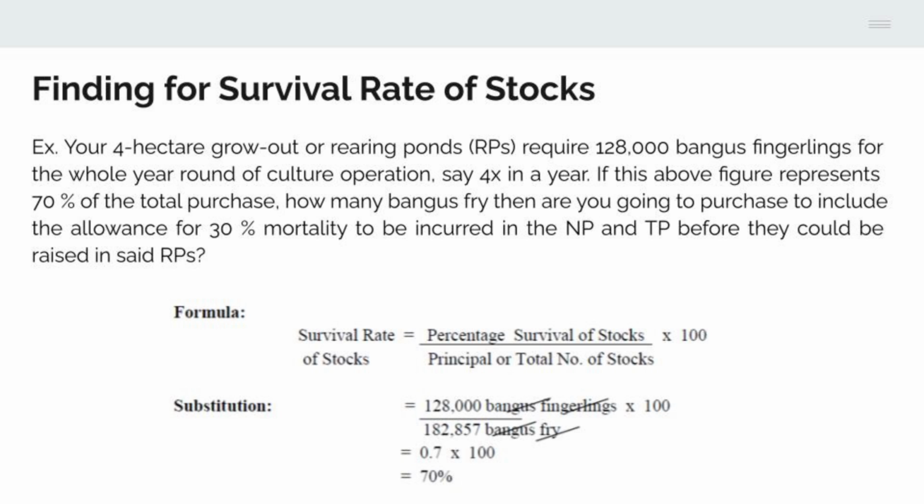For the substitution, we have 128,000 times 100 over 182,857. This equals 70%. So the survival rate of our stocked fish is 70%, meaning we accounted for a 30% mortality rate in the nursery and transition ponds before the fingerlings reached grow-out ponds.